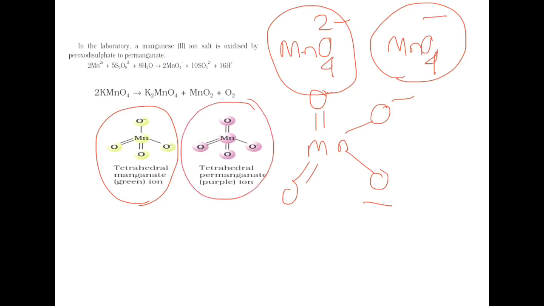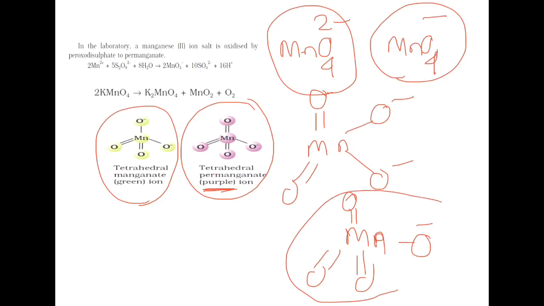The structure is tetrahedral. The color is purple. Mn double bonded to O, and O minus, O minus, O minus. As the hybridization is sp3, the structure is tetrahedral.